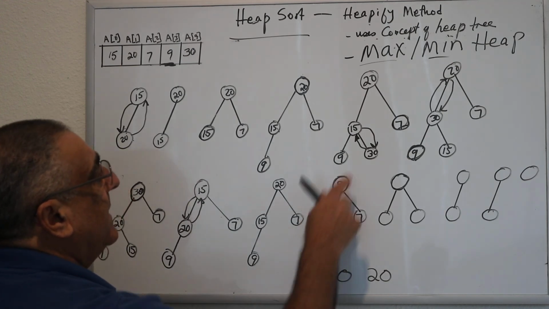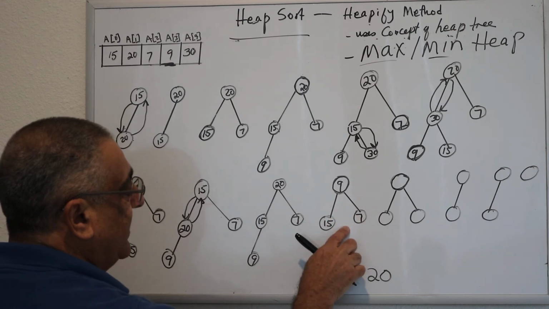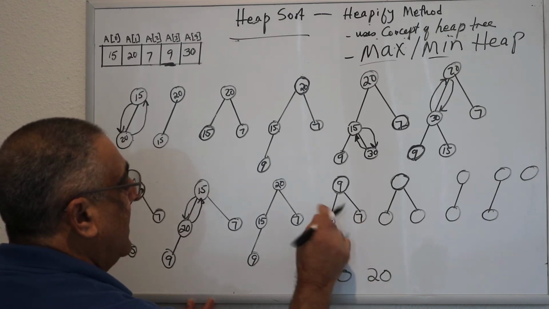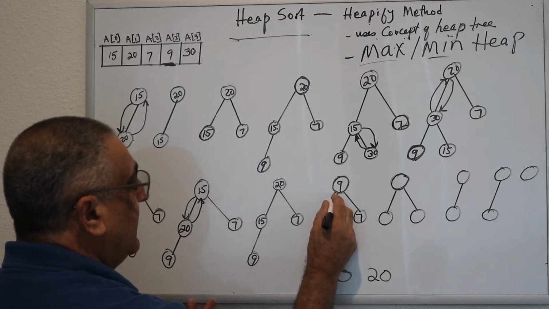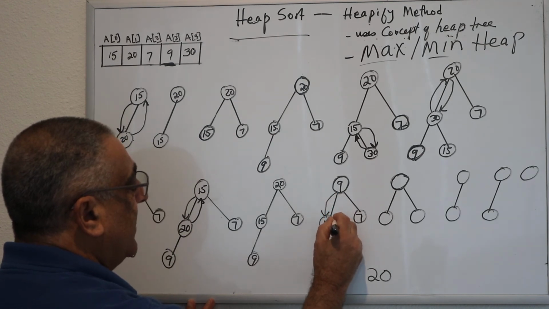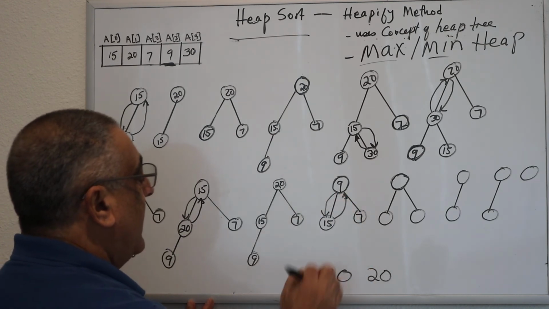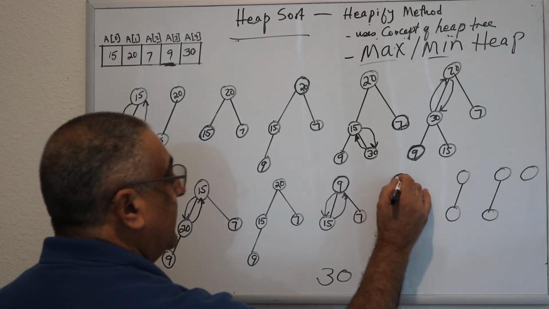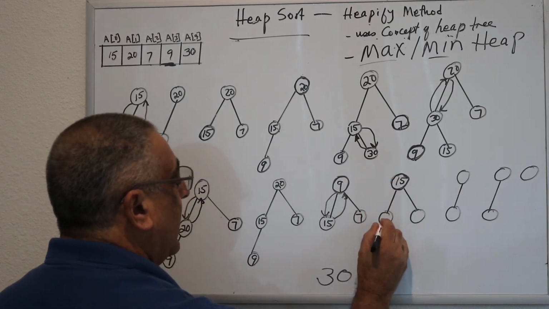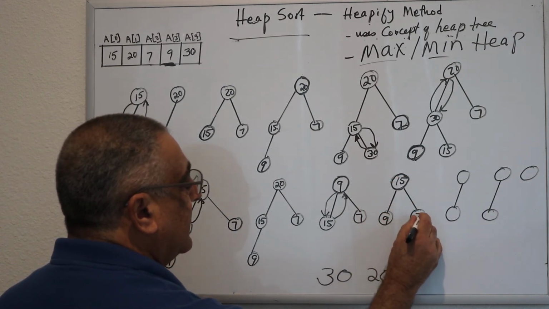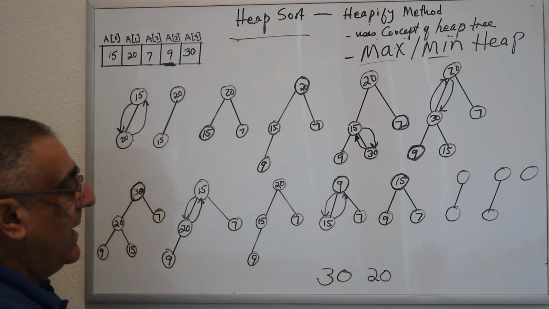So I have to do a process called reheapification. Reheapification says I have to make the root the greater, so I'm going to swap these two together. I'm going to put 15 here, and that's going to be 9, and that's a 7. So this makes it a max heap.